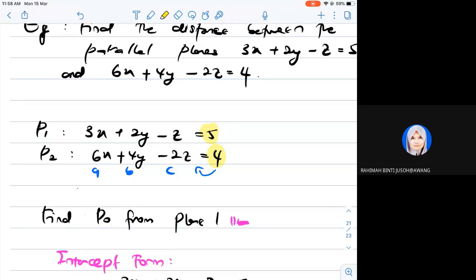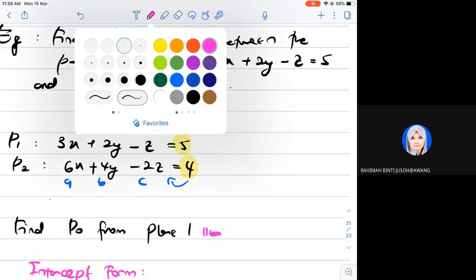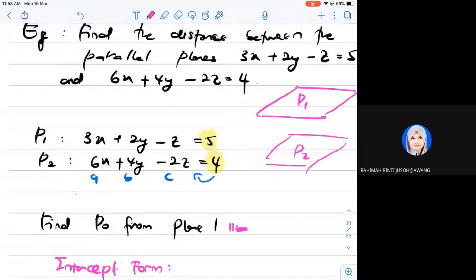Dia kena parallel, dia macam ni konsep dia. Guys, kenapa saya kata kena parallel? Parallel baru ada distance. Kalau dia tak parallel, dia akan intersect. Bila intersect dia tak jadi distance lah. Contohnya ni plane 1 kan, P1. Yang ni kena P2. Konsep dia kena parallel, baru dia ada distance antara dua plane ni. And then guys, yang belakang ni, ini tak menentukan dia punya parallel.